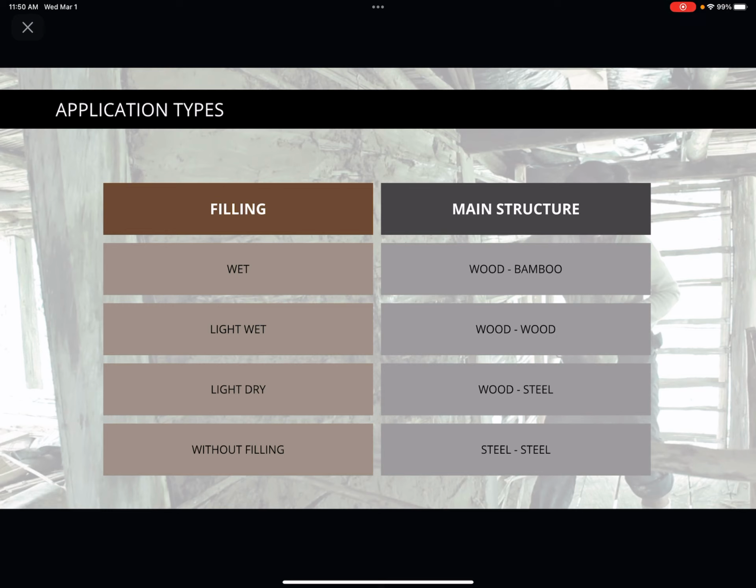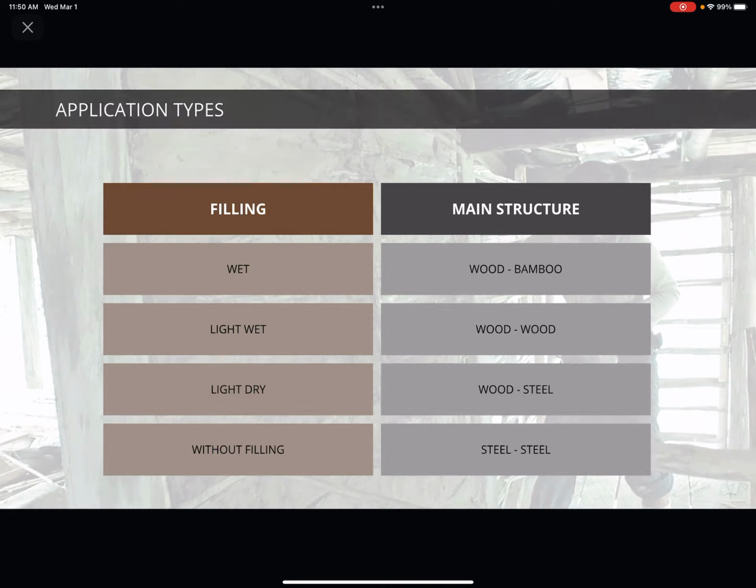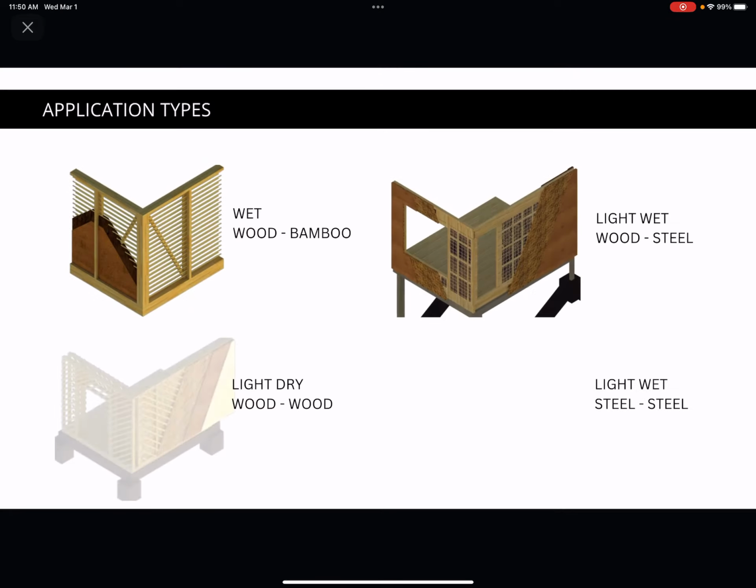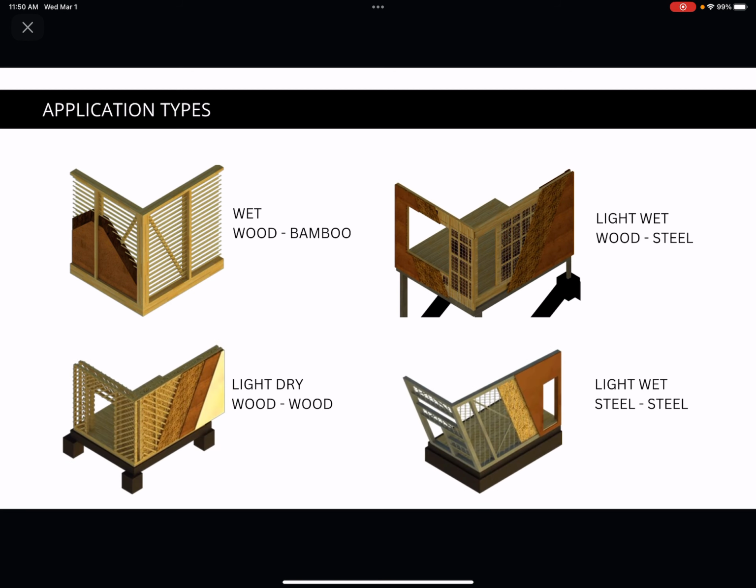For the main structure, obviously we have wood and bamboo, which is the most traditional one. We have wood and steel, which is a newer practice, and steel and steel. So here we can see some examples. First we have the wet filling with wood and bamboo. That is the most common and the most traditional one. Then we have light dry, using wood and wood.